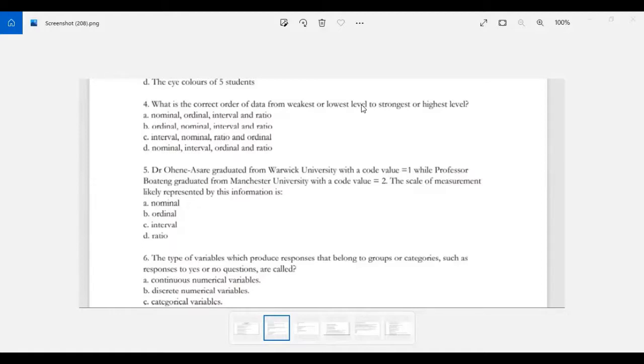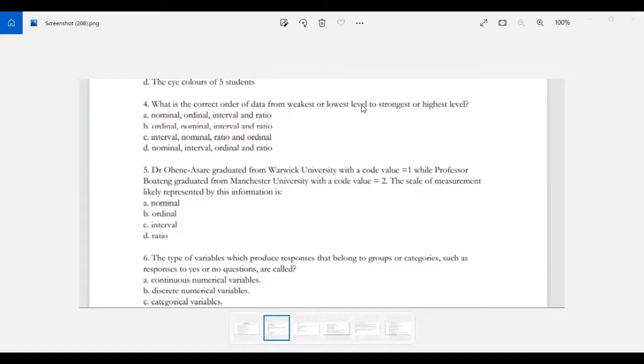Now, you are choosing ordinal or ratio because of the number 2 you are seeing. Bear in mind, they are only representing the university with a number. Dr. Ohenia Sare graduated from Warwick University with a code value. So they are just coding it.